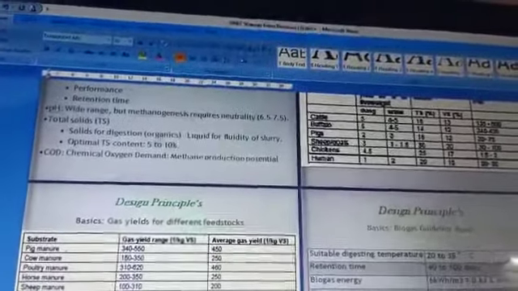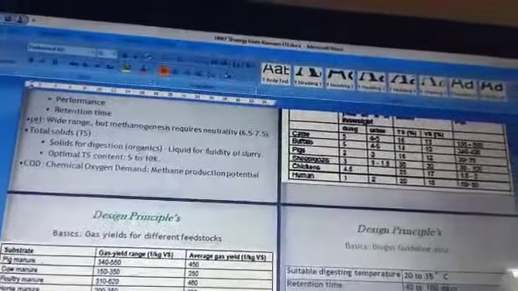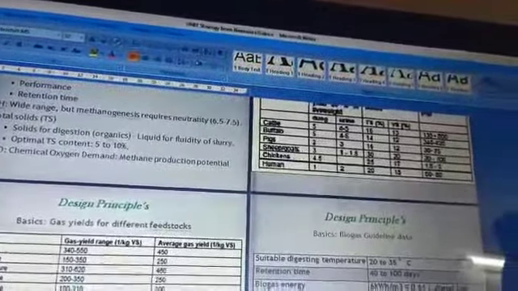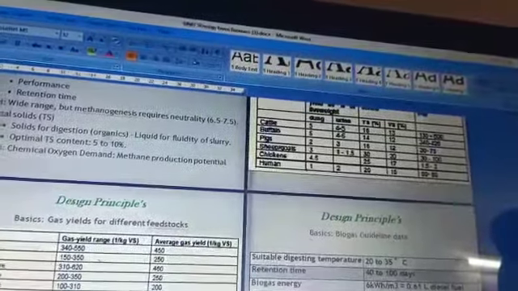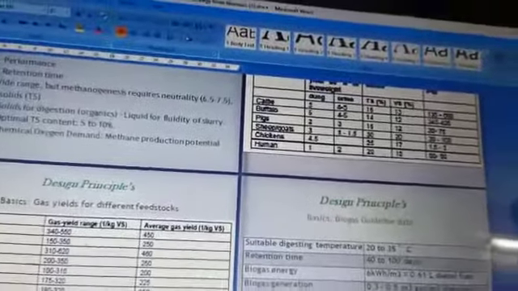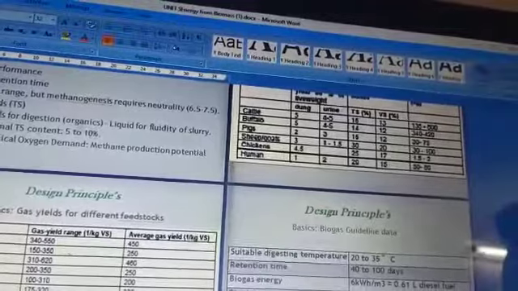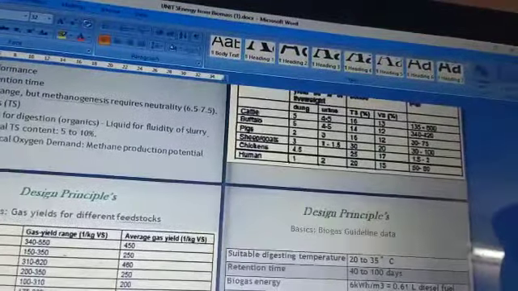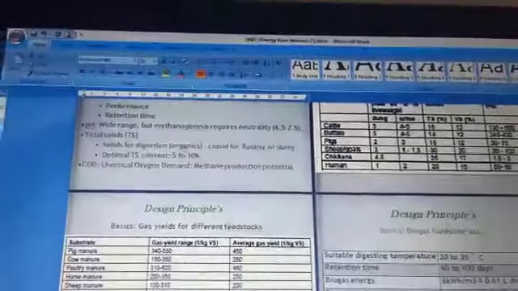Chemical oxygen demand and methane proportion are taken into consideration, and also the type of biogas feedstock like cattle, pig dung, chicken, human waste.